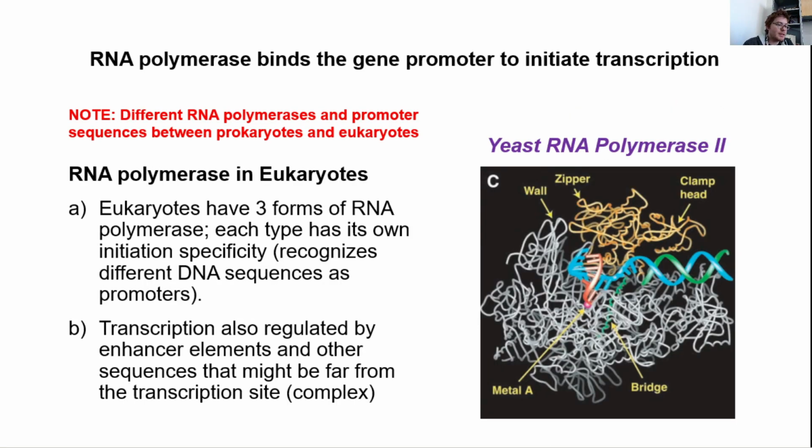Now, in eukaryotes, things are more complicated. Eukaryotes actually have 3 different RNA polymerases, Pol 1, Pol 2, and Pol 3, and each one of them has its own completely unique initiation specificity requirements. So different types of transcription factors or helper proteins are needed to get the polymerases to recognize different promoters. And on top of it all, transcription can be regulated by other pieces of DNA, sometimes very far from the transcription site.